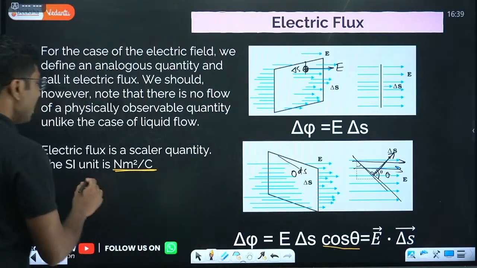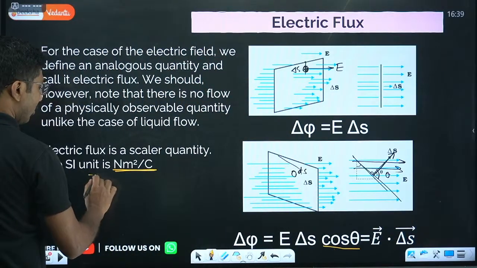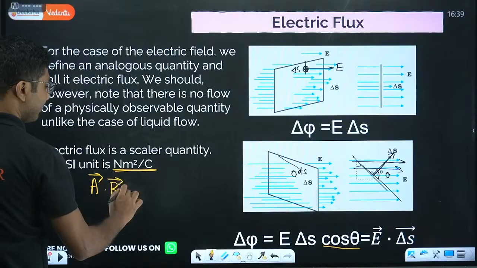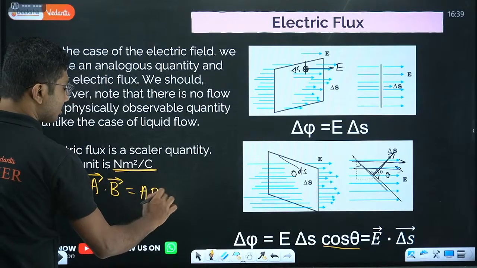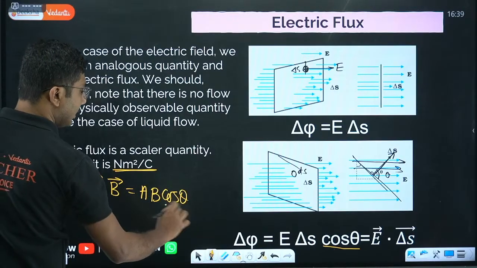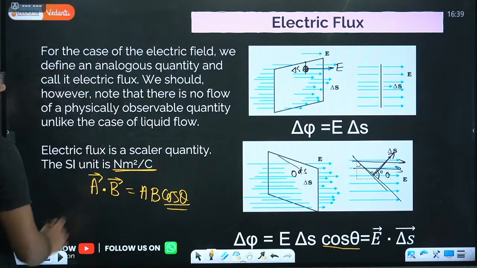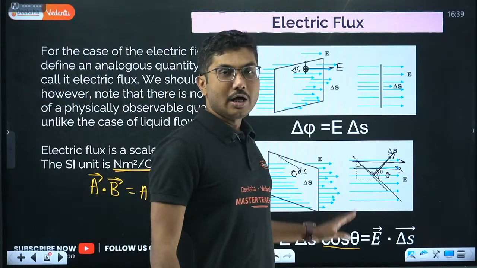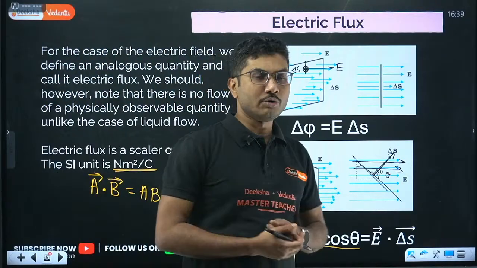We learned in our P1 that A dot B can be written as AB cos theta. So from cos theta we are moving on to the dot product.